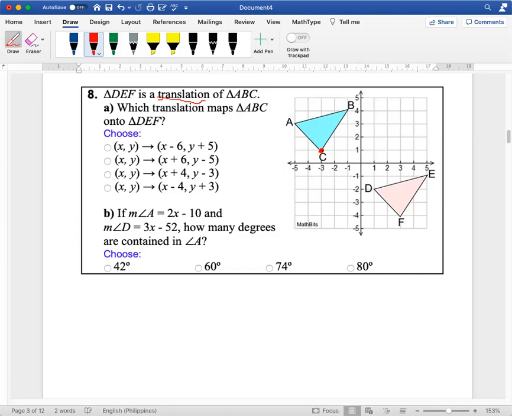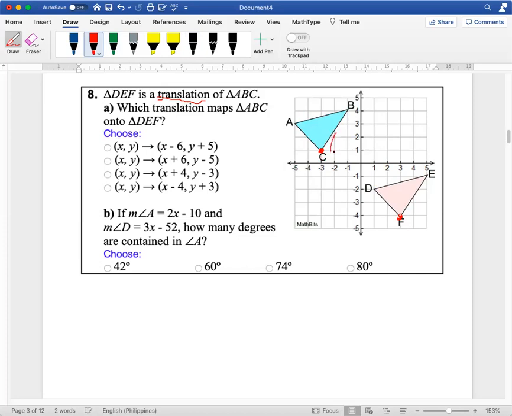According to its shape and orientation, they're just equal actually, and C corresponds to F, A corresponds to D, and B corresponds to E. So how does this point move? Let's check how far it moved below. It went down, so triangle ABC was moved down and it became triangle DEF.